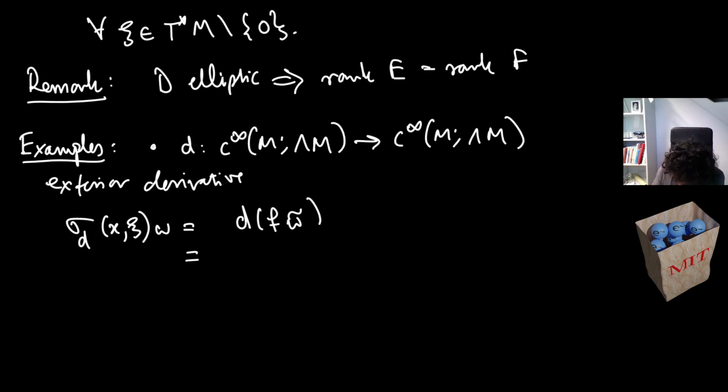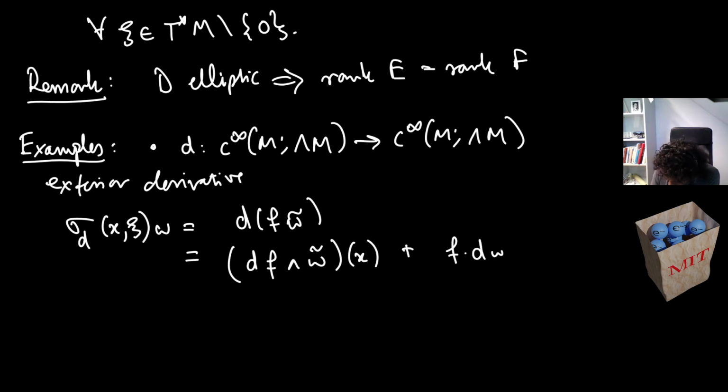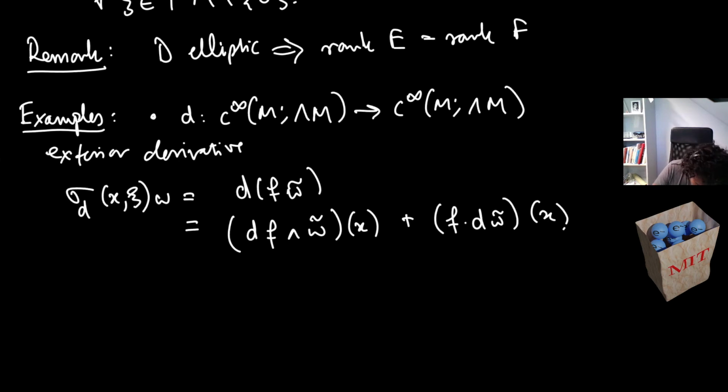This is precisely going to be df wedge omega tilde at x plus f d omega tilde at x. But we arranged f to be 0 at x in the definition, so this thing is 0. f of x is 0.